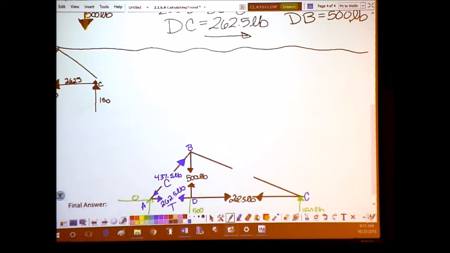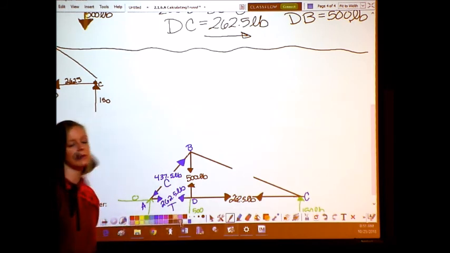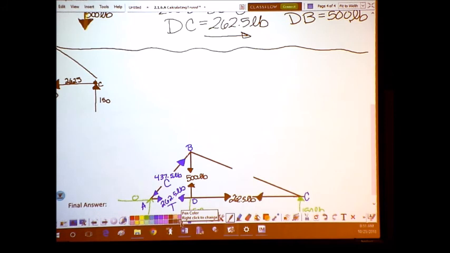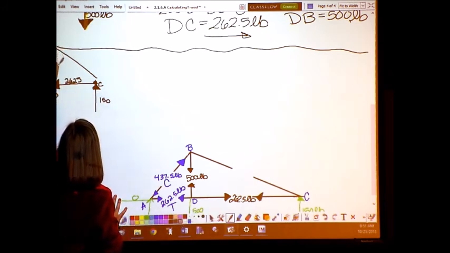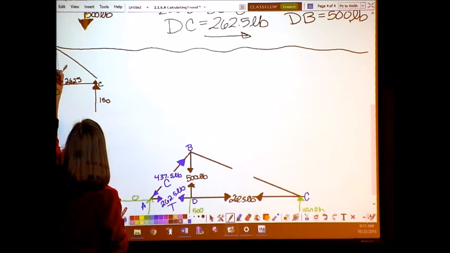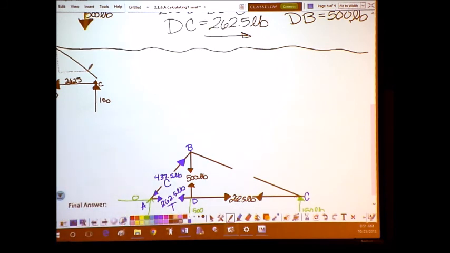Okay, but what do we know? Every diagonal needs to become a what and a what? We need this diagonal to become a vertical and a horizontal. Every diagonal must become a vertical and horizontal.